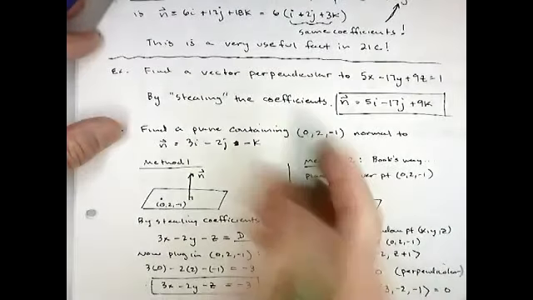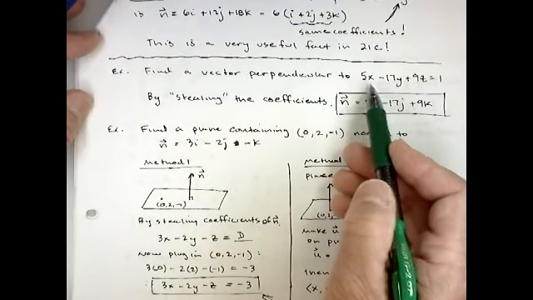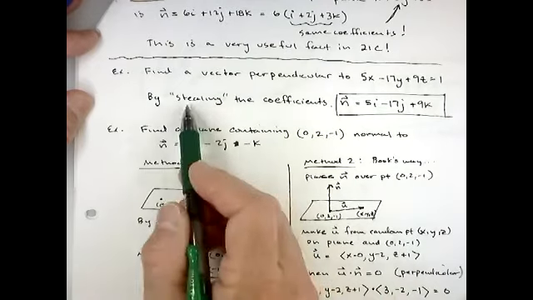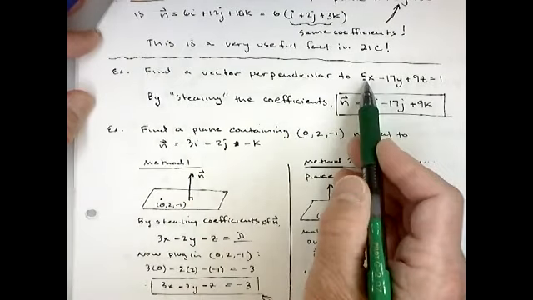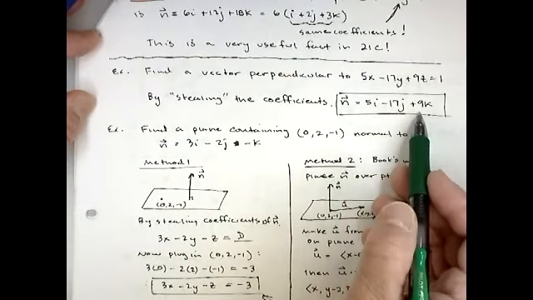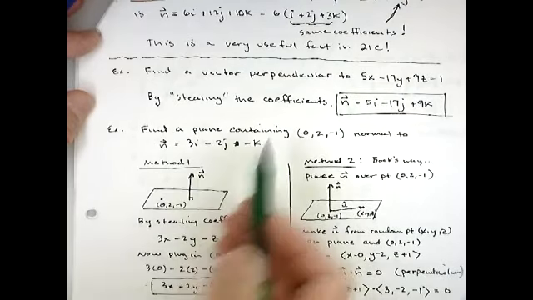Let's say I want to find a vector perpendicular to 5x minus 17y plus 9z equals 1. I call this stealing the coefficients. I know for sure that if I just take 5i minus 17j plus 9k, that vector is guaranteed to be perpendicular to the plane.